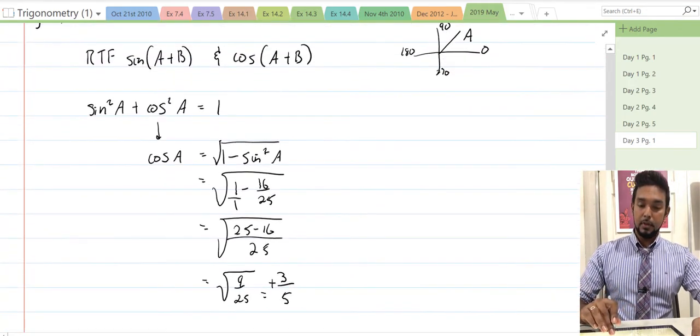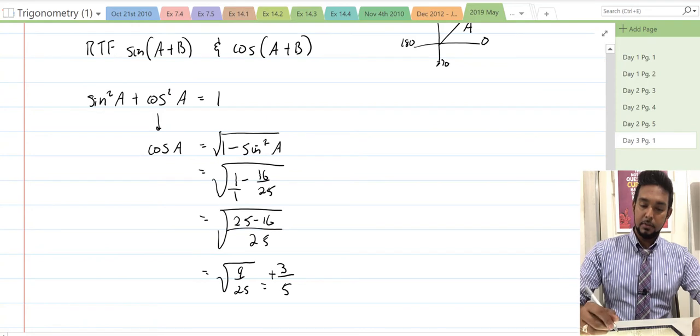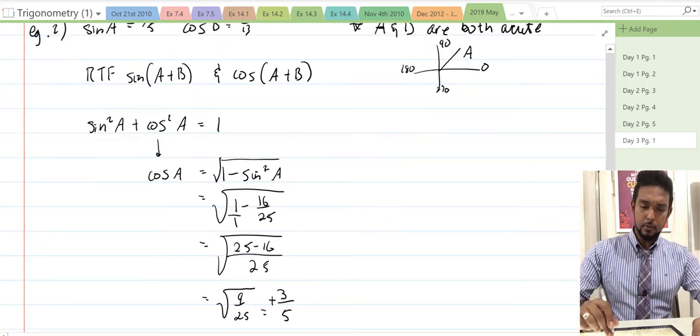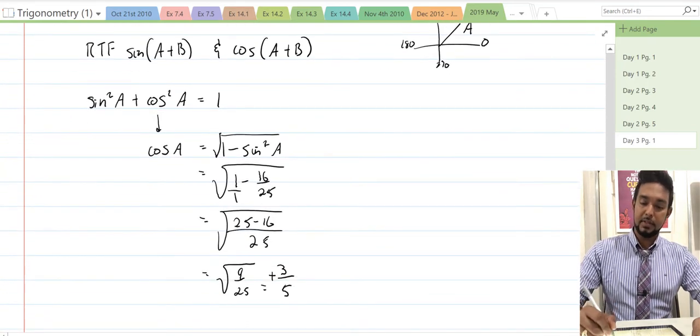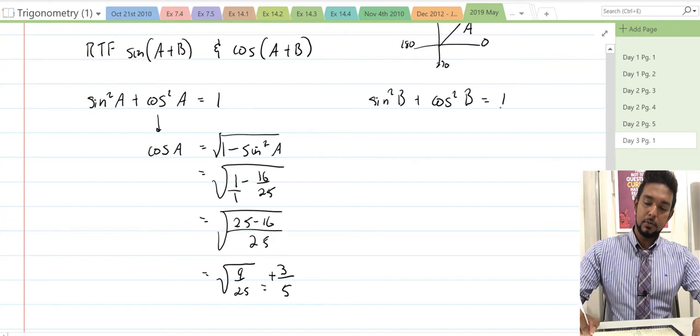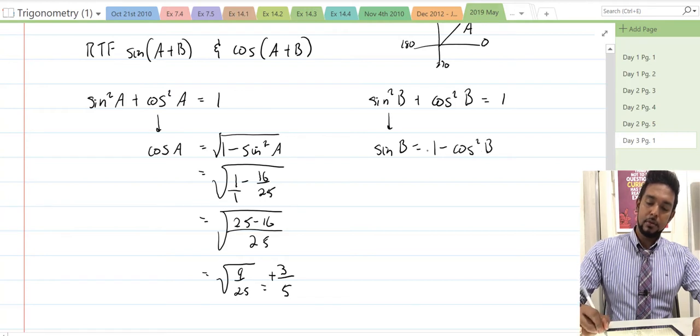All right. Similarly for B, we have cos B, so we have to find sine B. So sine squared B plus cos squared B is equal to 1. So to find sine B, what do we have to do? We need 1 minus cos squared B and then find the square root of that.